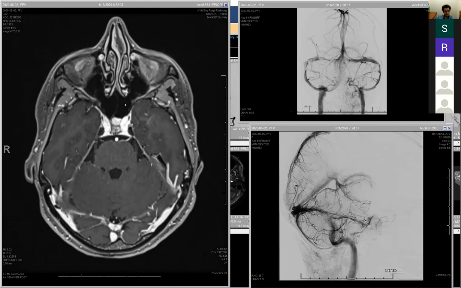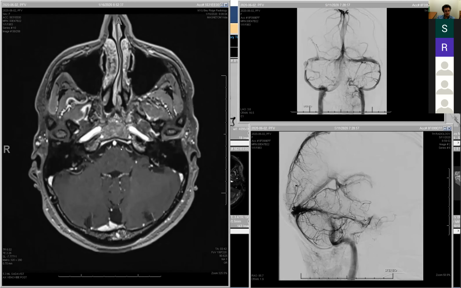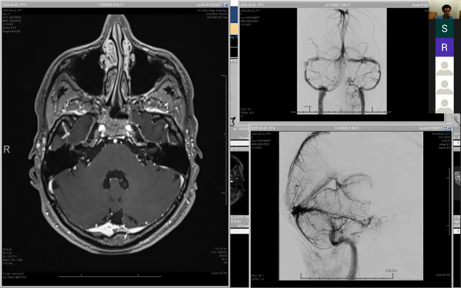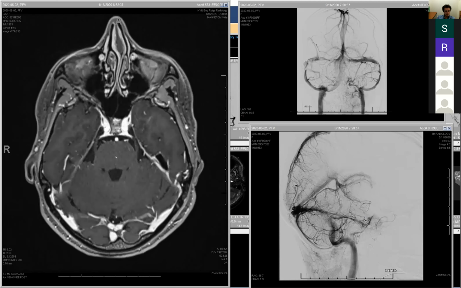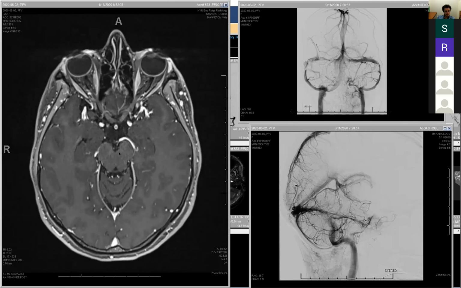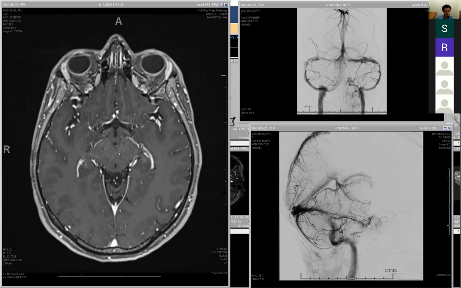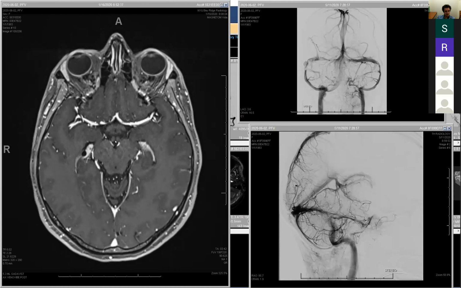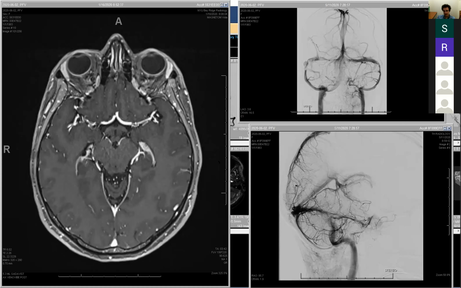Right here you see the anterior mesencephalic vein, coming up. This is the interpeduncular fossa, interpeduncular veins, or posterior communicating veins. You can call them that as well. And these are right here.